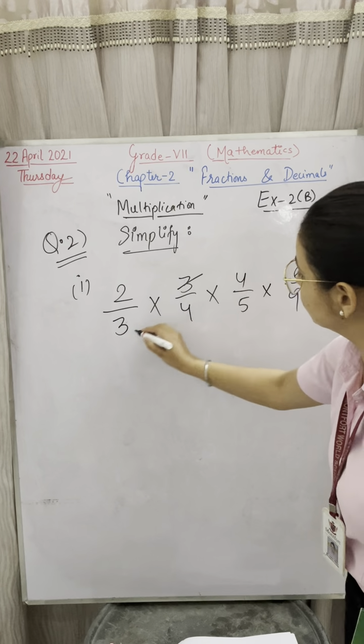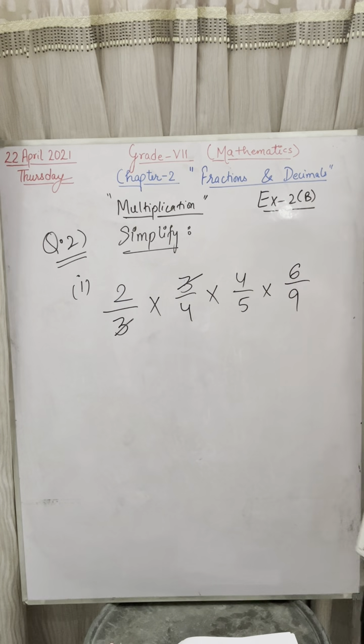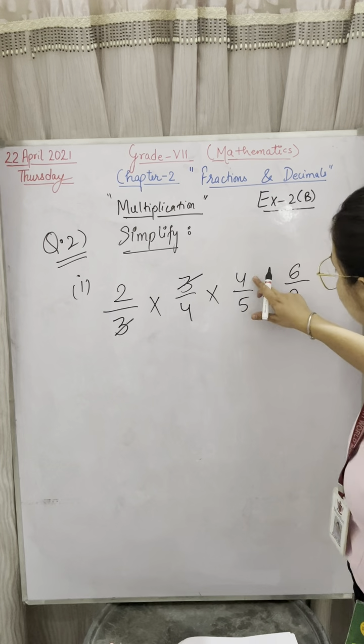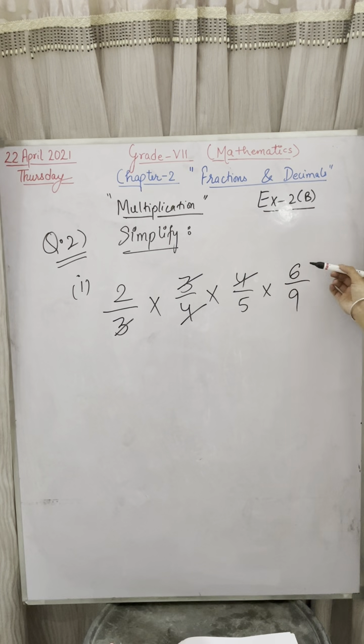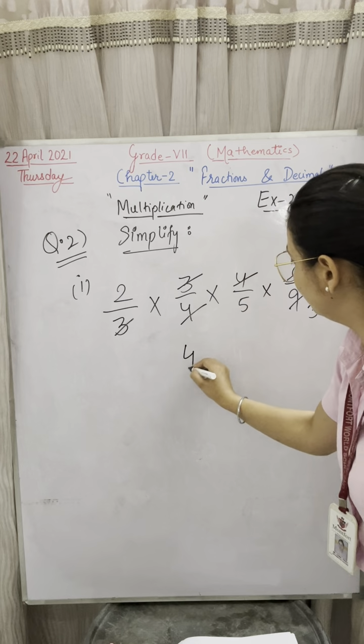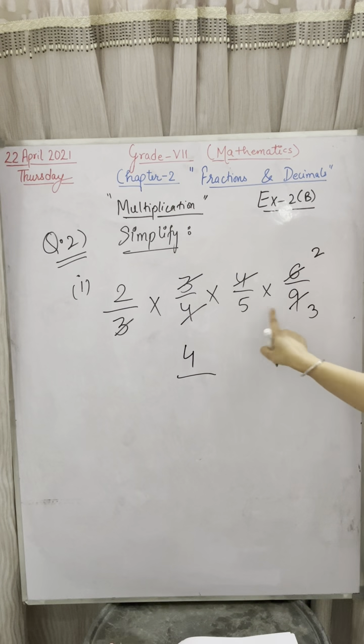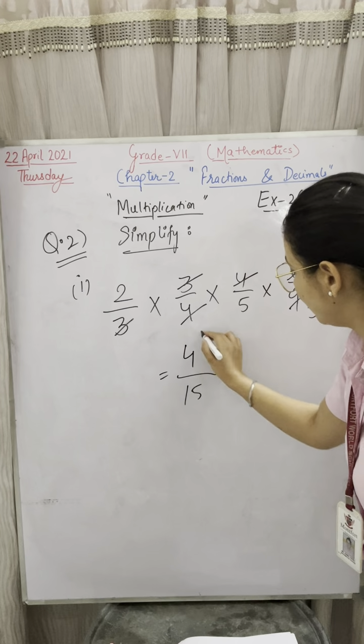This numerator and this denominator are the same, so I can cancel. This numerator and this denominator are the same, I can cancel. Now this 6 and 9 I can cancel on the 3 table. 3 twos are, 3 threes are. So what is left? This 2 and this 2 are left. 2 twos are 4 and 5 and 3 is left. 5 threes are 15. That is your answer.